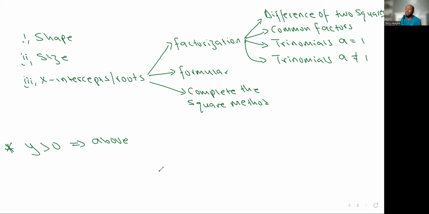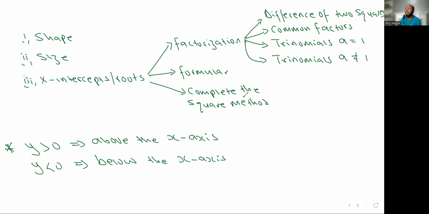So it's exactly the same principle that applies here. Above the line, if it's greater than 0, means above the x-axis. And if it's less than 0, it's going to be below the x-axis. So it's very important to keep this in mind.